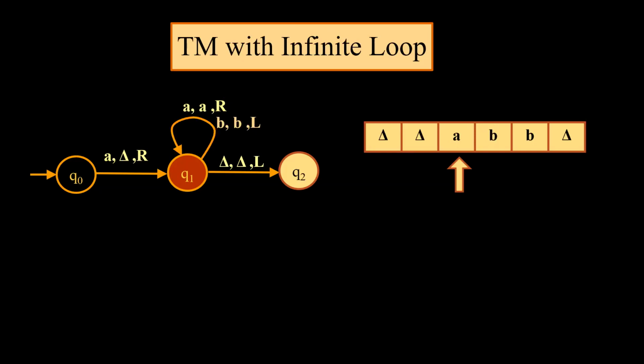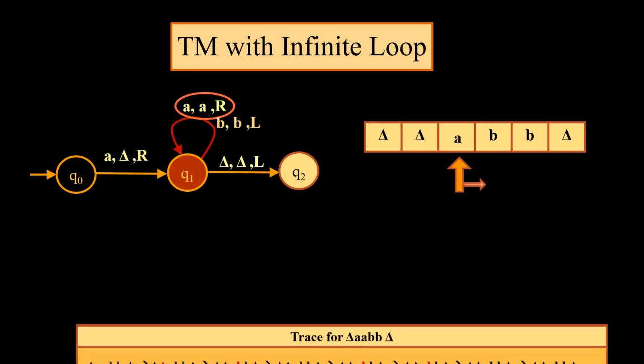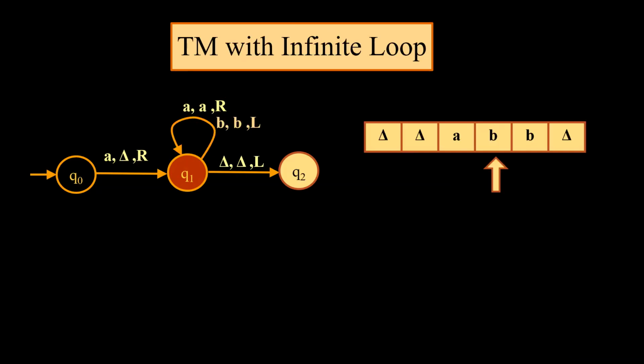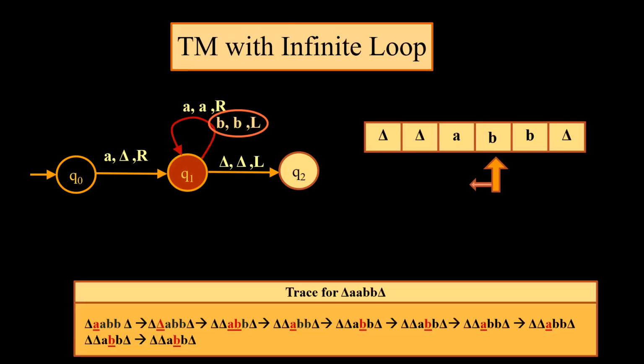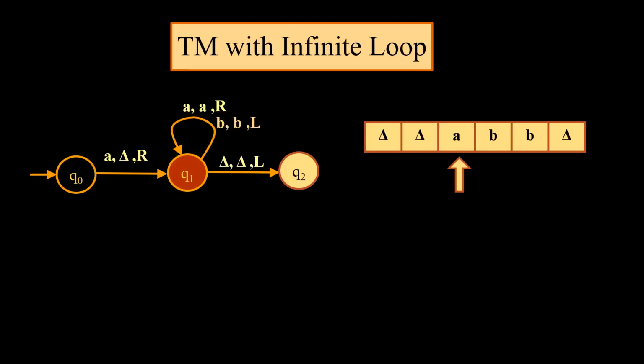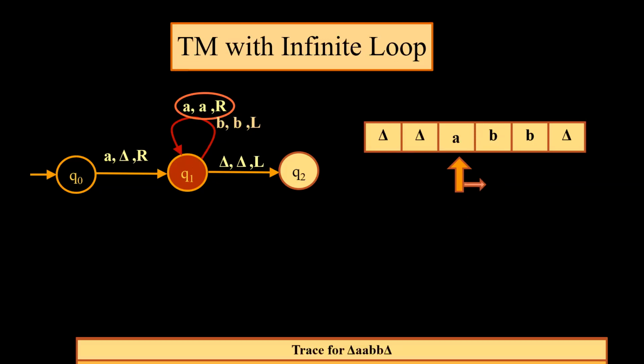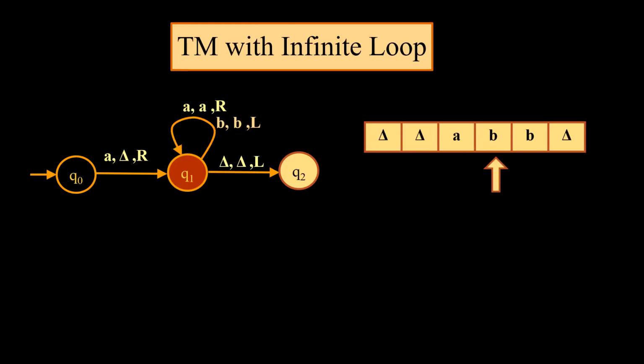Now it moves left. When it moves left, it again comes across AAR. That means read A, write A and move towards right. It comes across the next B. It has BBL. That means now it is moving back to the initial A from where it started off. If it goes to A, it writes A and moves towards the right, and this process will continue.